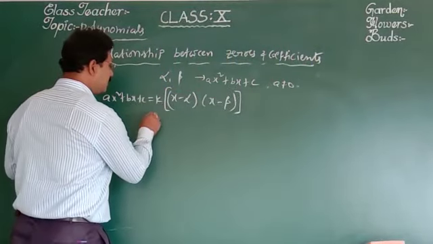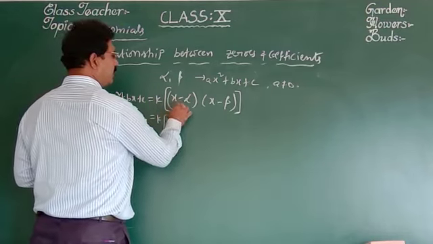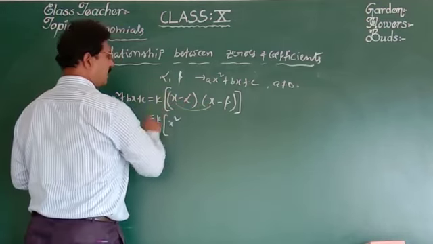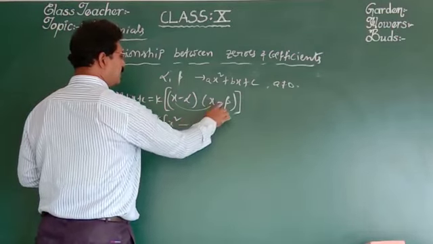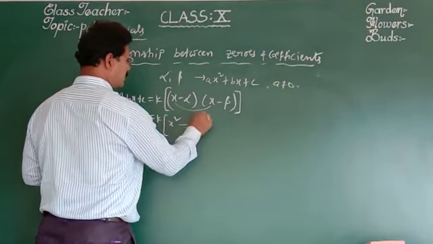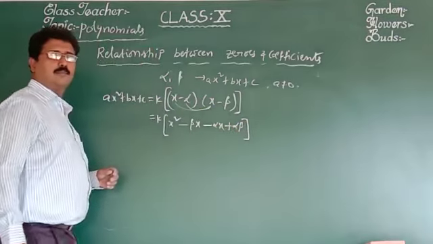Now, to expand this, that means the derivation of the quadratic polynomial: k of x into x is x square, minus x into beta, beta x, minus alpha into x, alpha x, and minus into minus is plus alpha into beta, alpha beta.